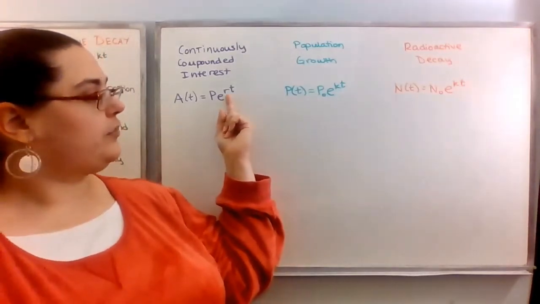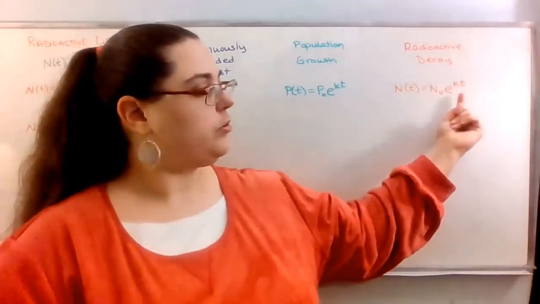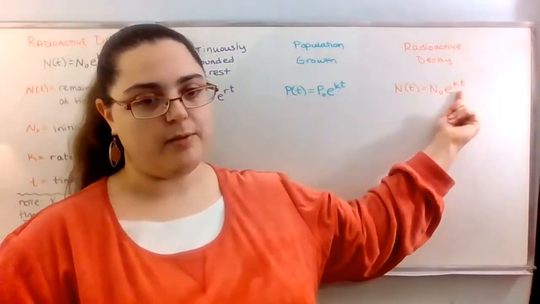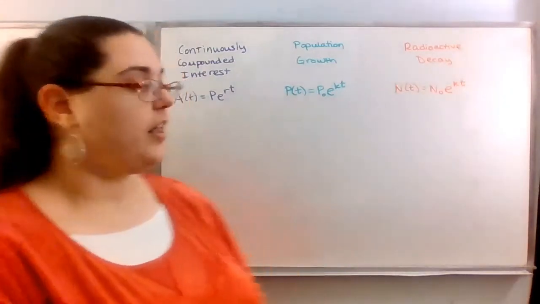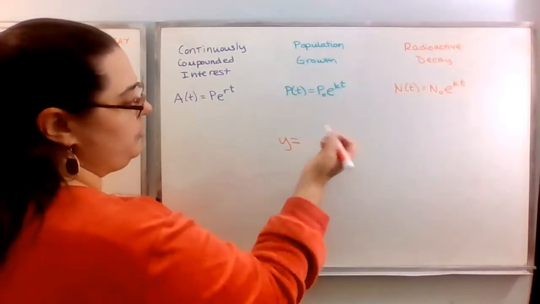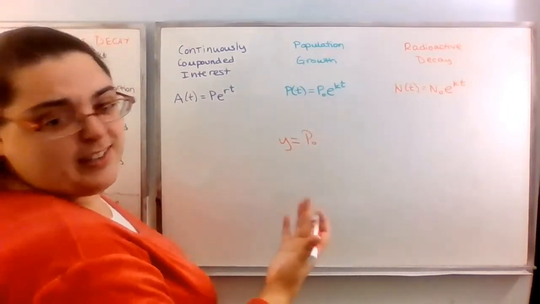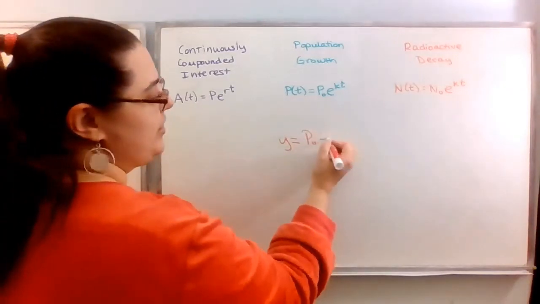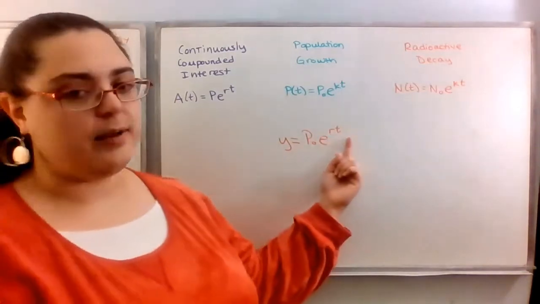So you have your rate of growth for your interest, your rate of growth for your population, your rate of decay for your radioactive decay. So all of these formulas are the same formula. They are y equals some initial value, so I'm just going to say P naught, just because it sounds like peanut, times e to the rt, e to some rate times time.